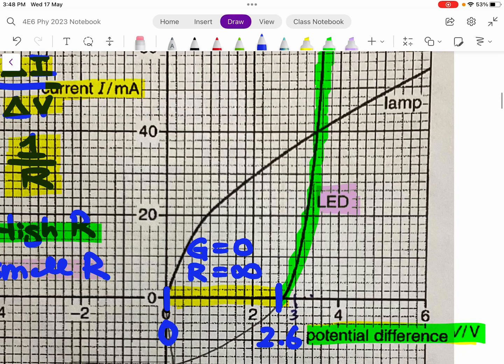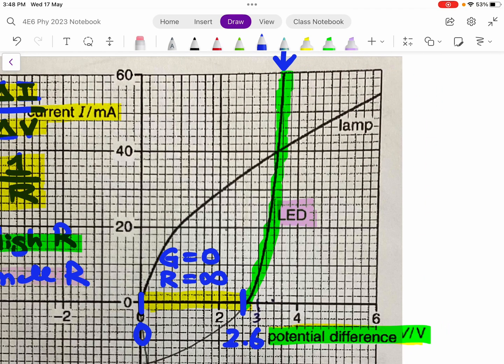Then when I look at the green part, it is very steep, so I know that the gradient here will be increasing all the way up to infinity. What does this mean in terms of the resistance? It means that the resistance will drop all the way to almost 0, because it's an inverse relationship, right?